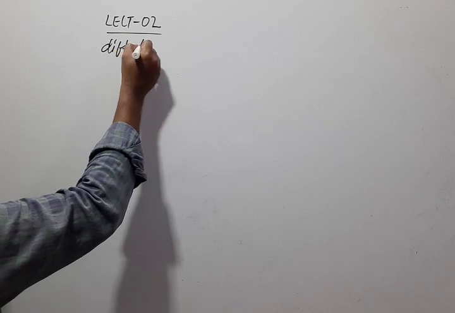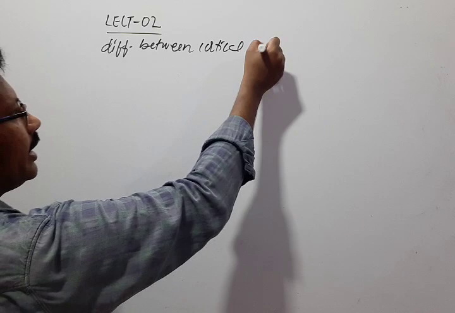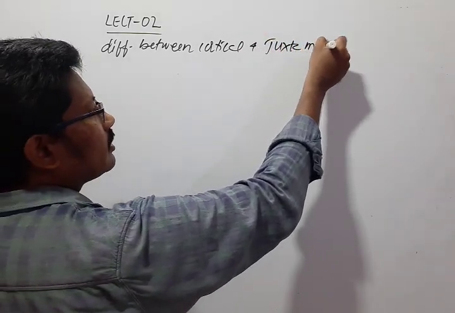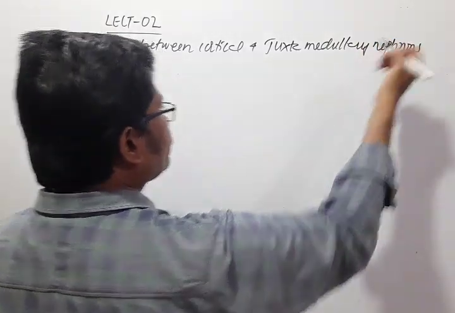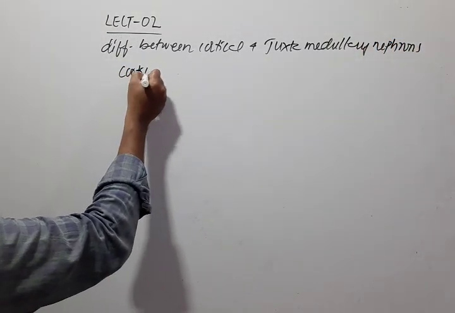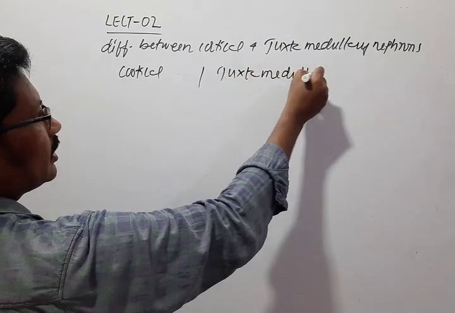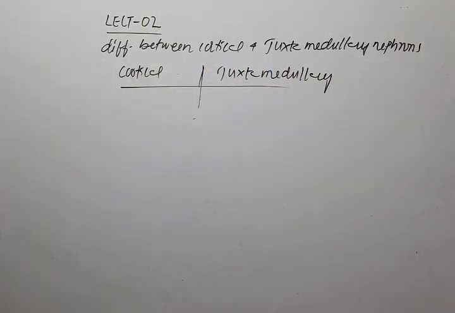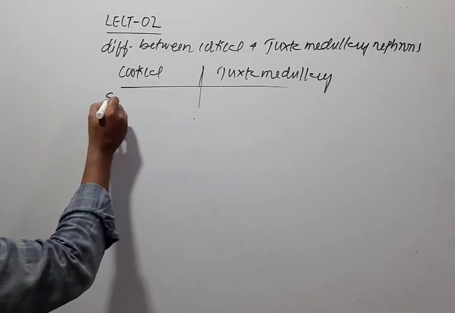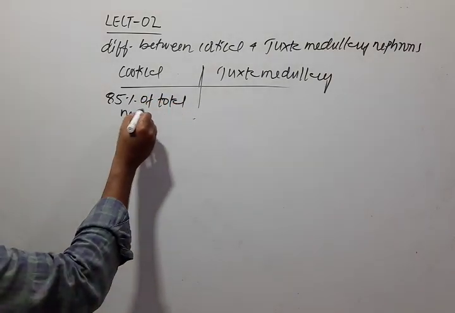So, differences between cortical and juxtamedullary nephrons. Here these cortical nephrons constitute around 85% of total nephrons.